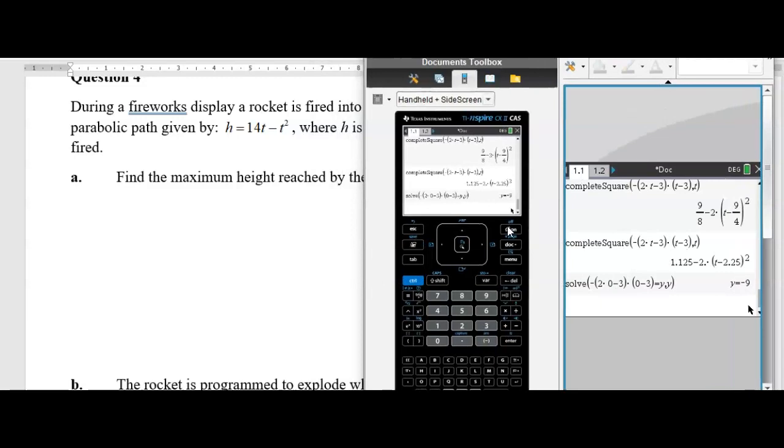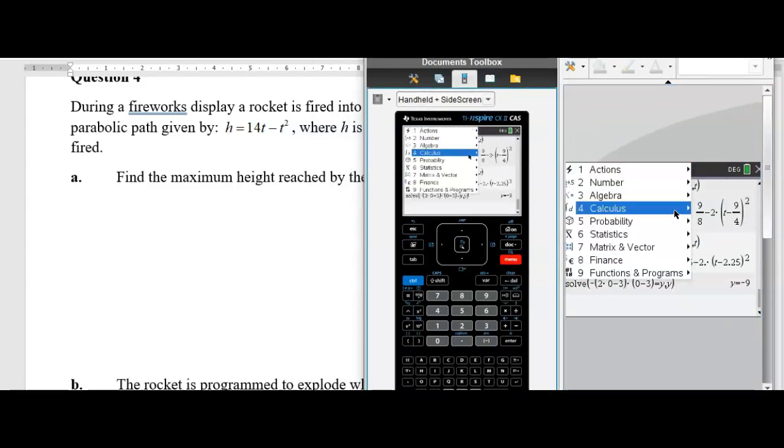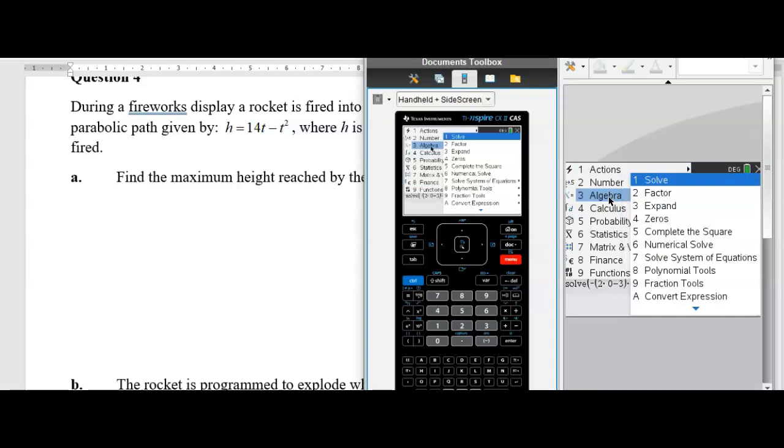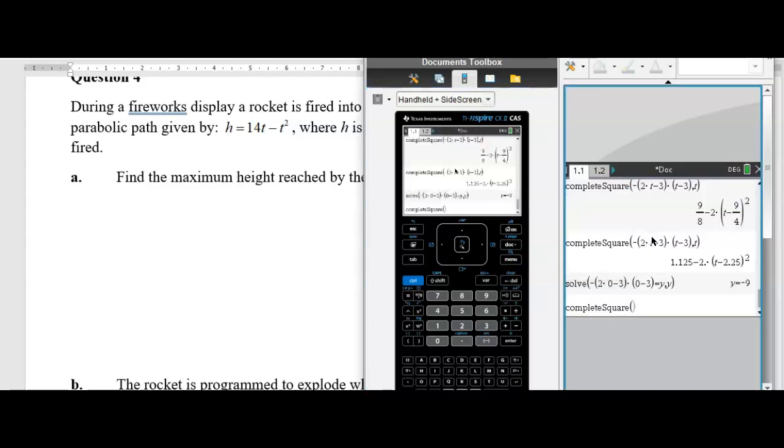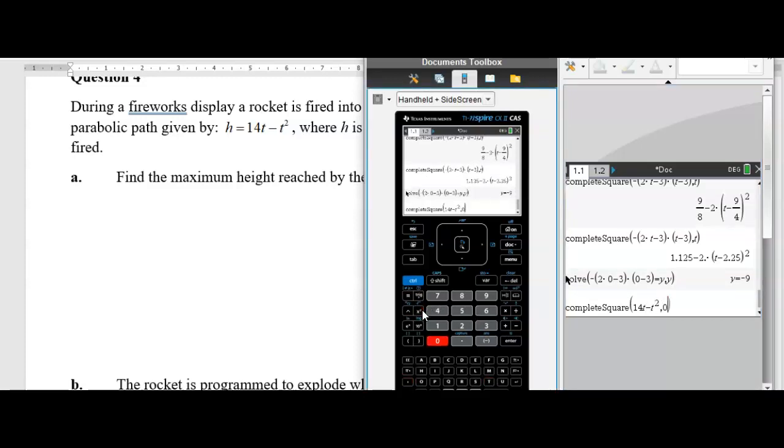Okay, so I'm going to complete the square again. I find it's a lot easier. Sorry, algebra, complete the square. So 14t minus t squared, comma 0, comma t.